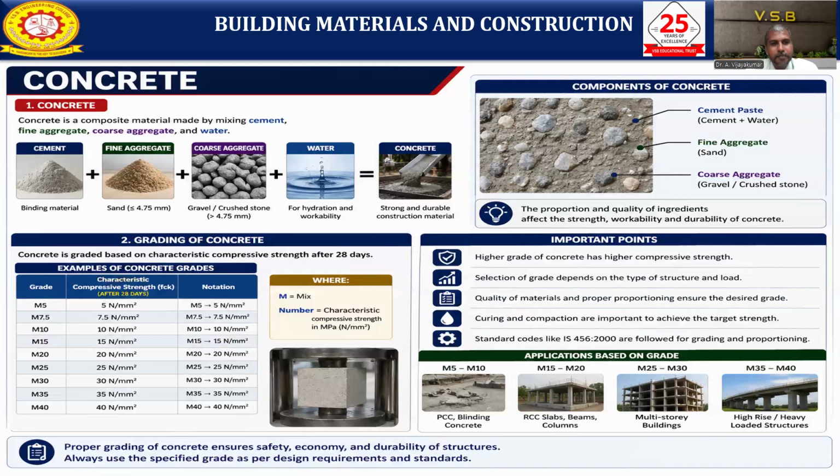We have different types of grading of concrete based on the characteristic compressive strength after 28 days. This table shows the different grades of concrete from M5, M7.5 up to M40. How do we calculate the characteristic strength of the concrete after 28 days? We take a standard size cube and keep it in the compressive test.